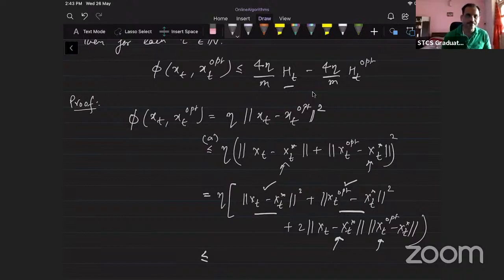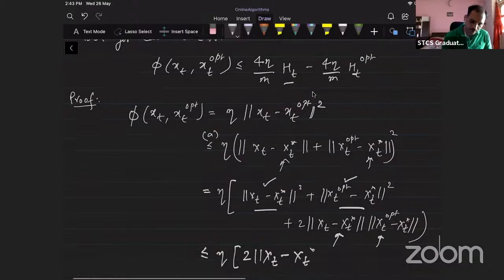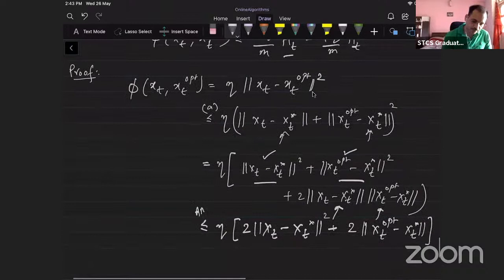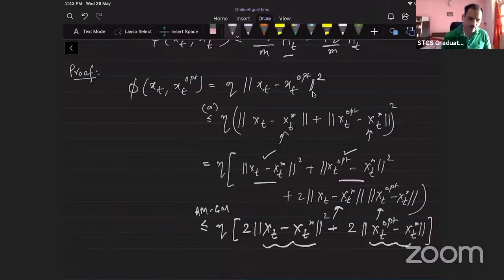AMGM inequality. So this will be 2 times xt minus xt star square plus 2 times xtopt minus xt star square. So this is just AMGM. And now, what does strong convexity tell us about these two things in terms of HT?